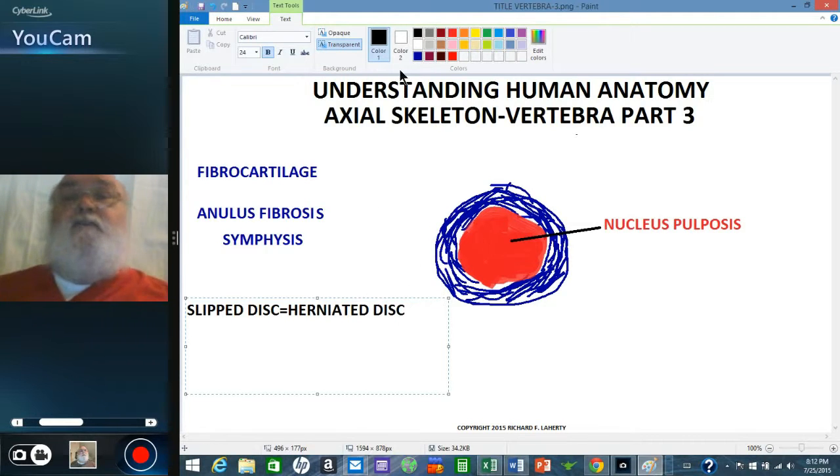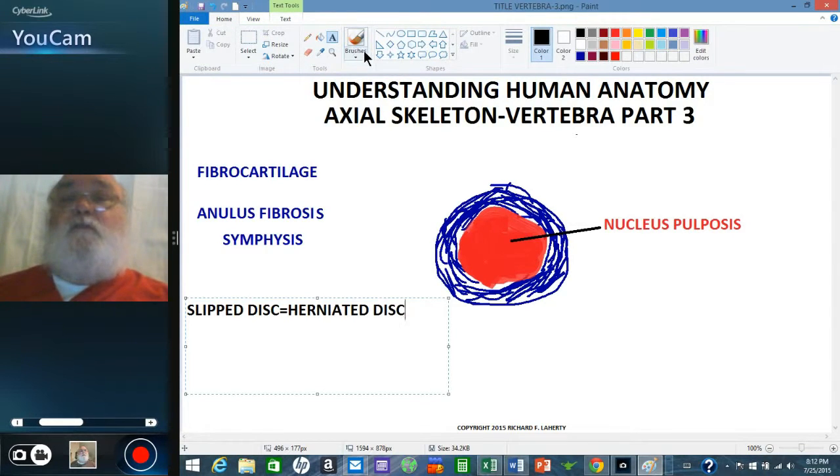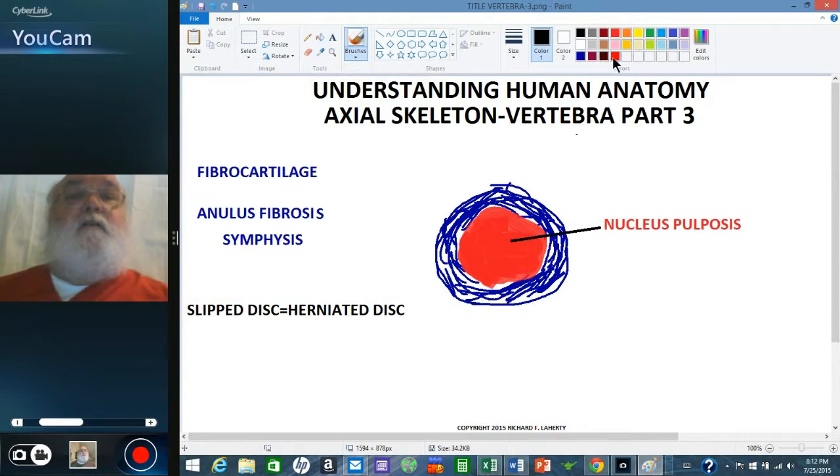And a herniated disc occurs when there is a defect or a hole in the annulus fibrosus.